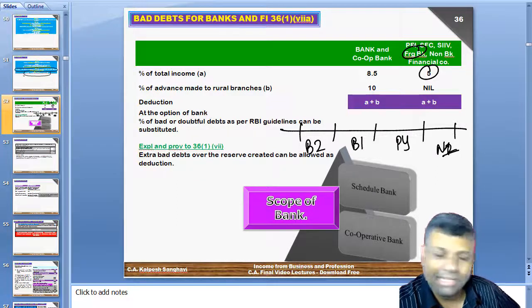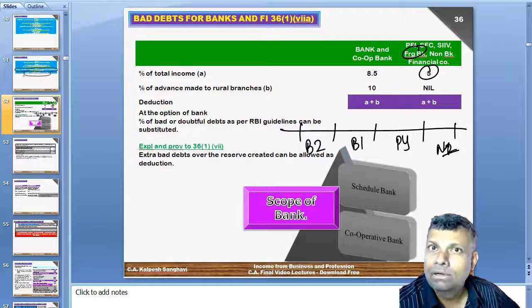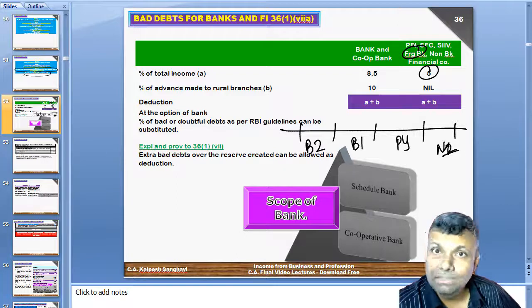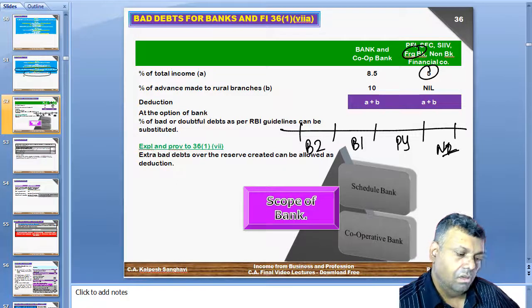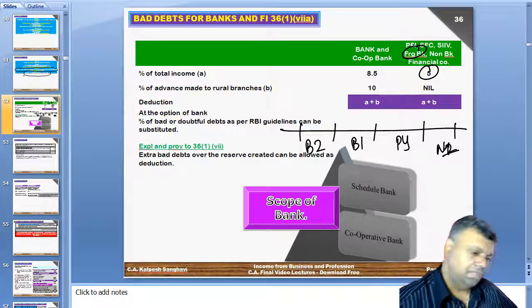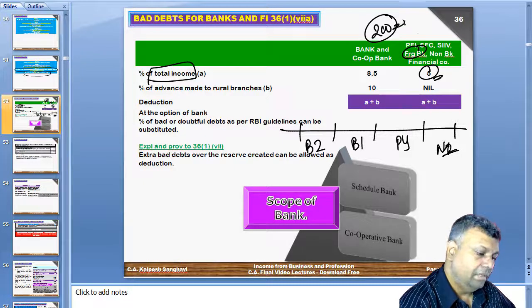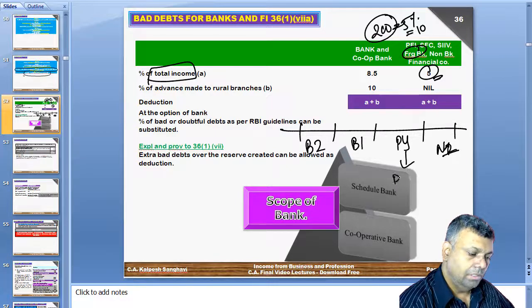Let me just take up one example. Supposing your previous year income is 200, which is this total income, multiplied with 5%, so you get 10. So your amount of the deduction is 10.